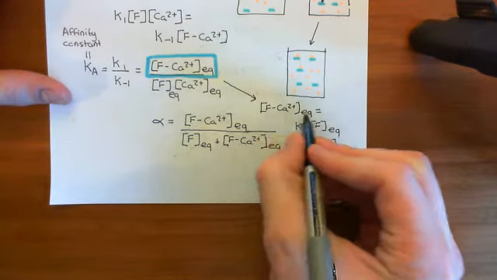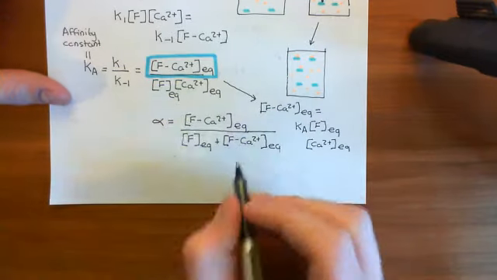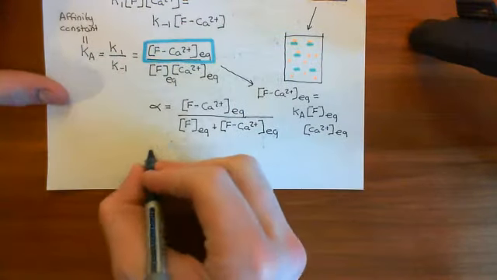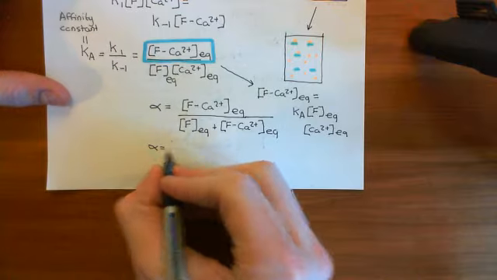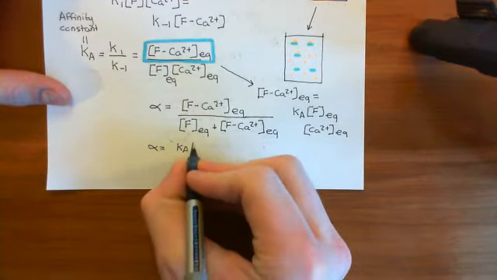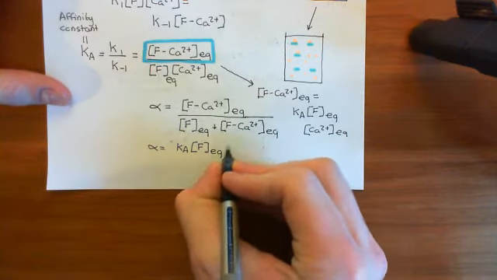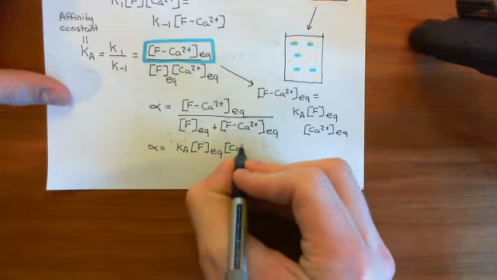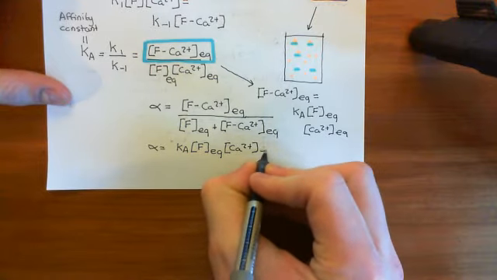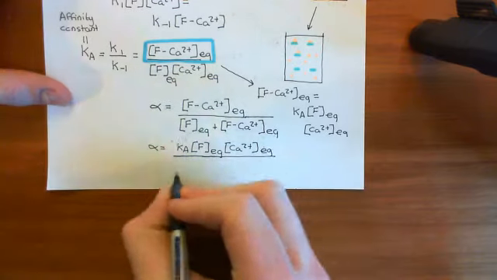Okay, so we're now going to stick this in place of the Fluo-4 calcium complex concentration, and what we'll get is that alpha is equal to, sticking this in on top, the affinity constant times the free Fluo-4 concentration at equilibrium times the calcium concentration at equilibrium. We don't need to replace this, so we leave that there.